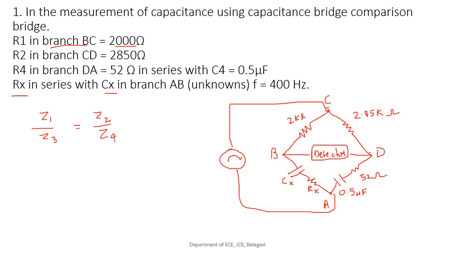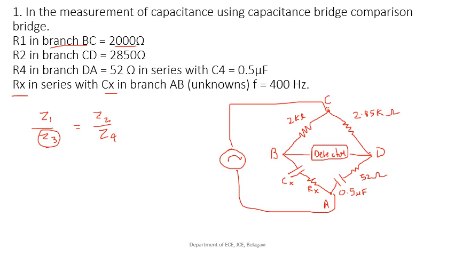Now this Z3 is what we want to find out. If you see the problem solved in the last video, what we were trying to find out was Z4, but here we will be finding Z3.